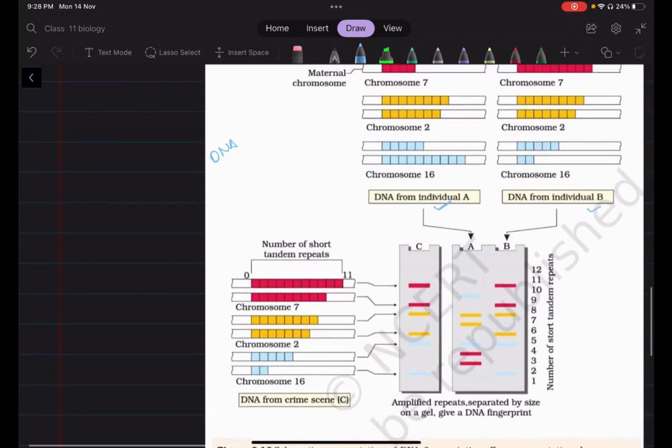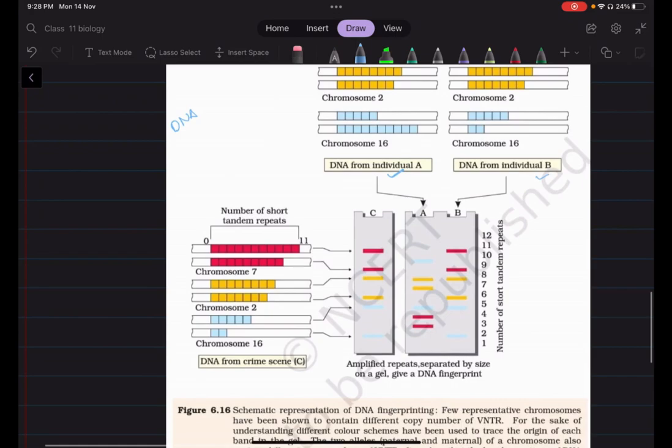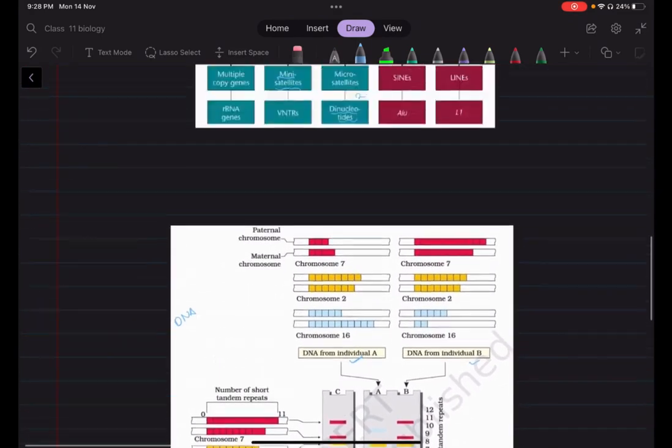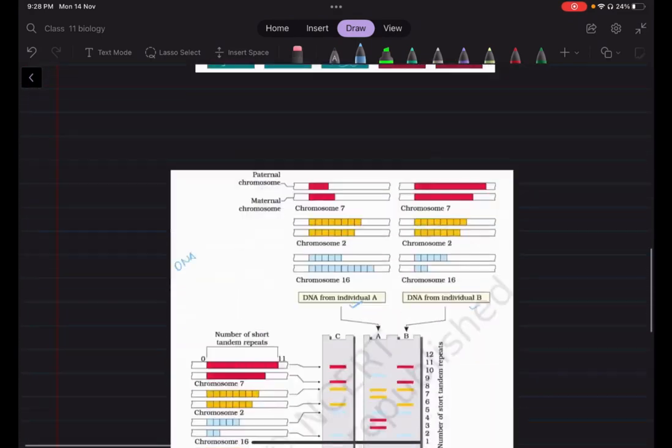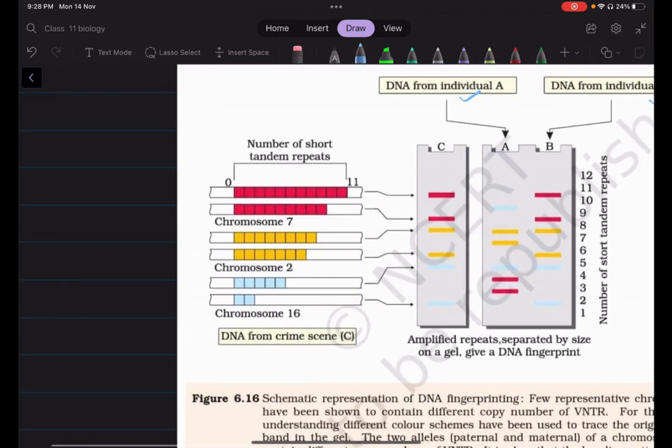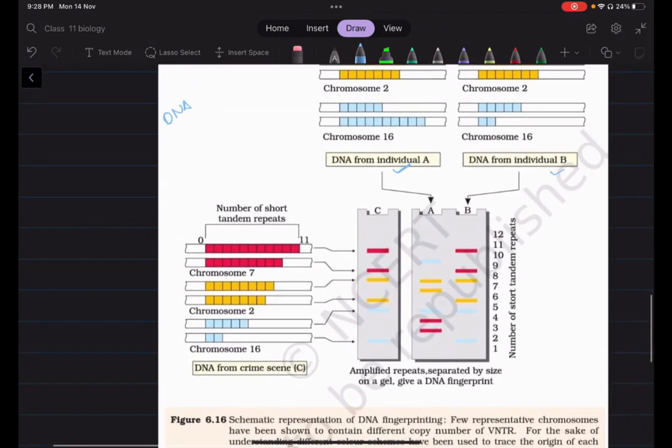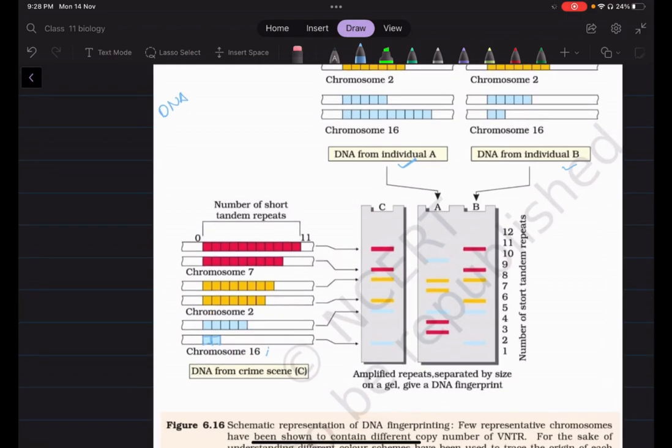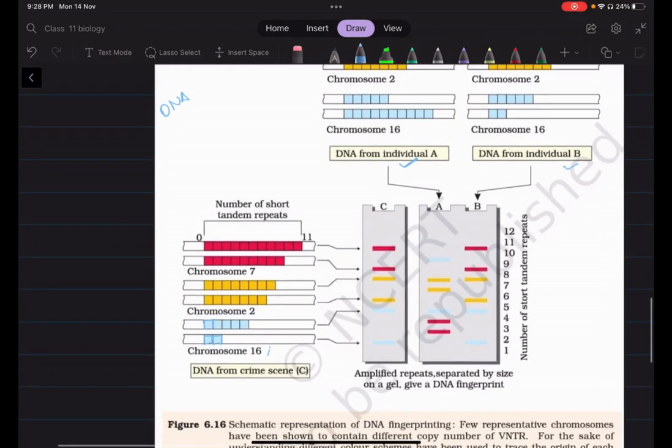So we take the VNTRs, perform this technique, and finally we get something like this. A particular VNTR has repeated 2 times on chromosome number 16 on one of its chromatids, and in the other one it is repeated 5 times.